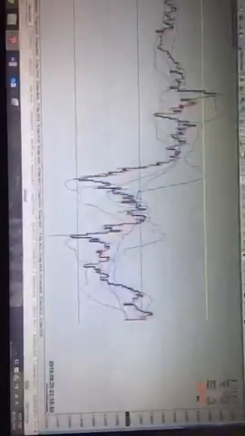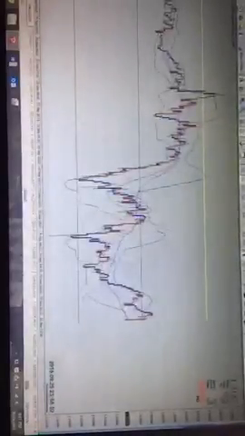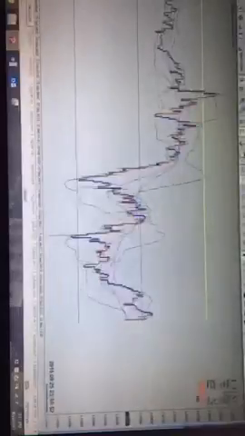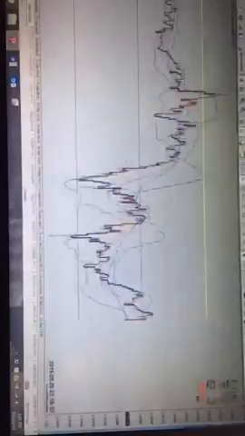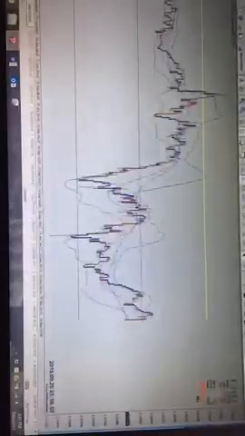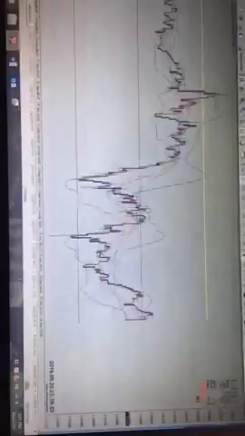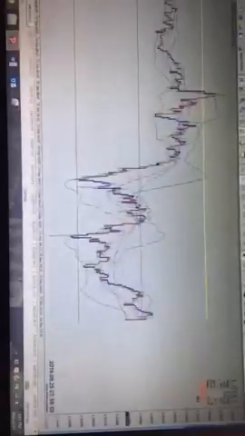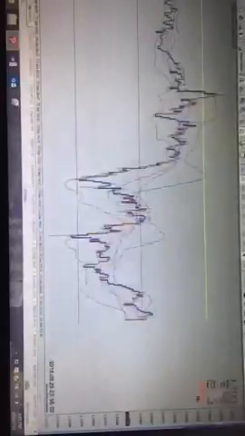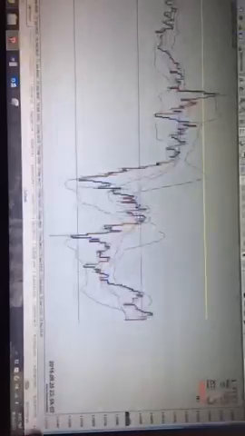This is a scalping strategy that has resulted in hundreds of pips for me in one day in some cases, that I hope will work for you. I can't guarantee it'll work for you, but I can almost say that you will most likely be profitable if you use the system correctly. Okay? You have to use it correctly.